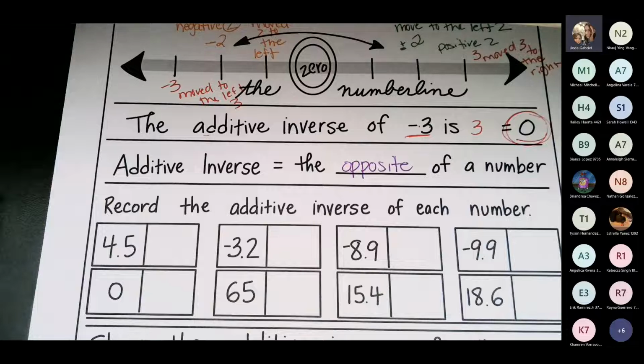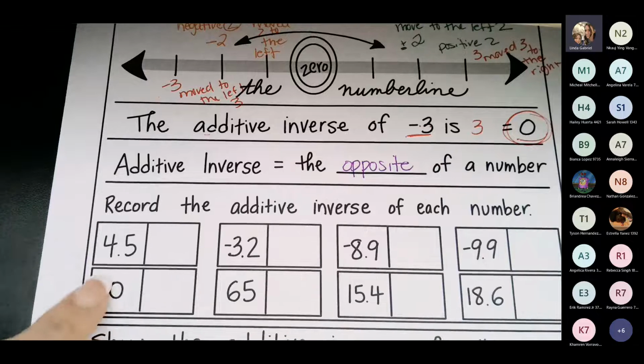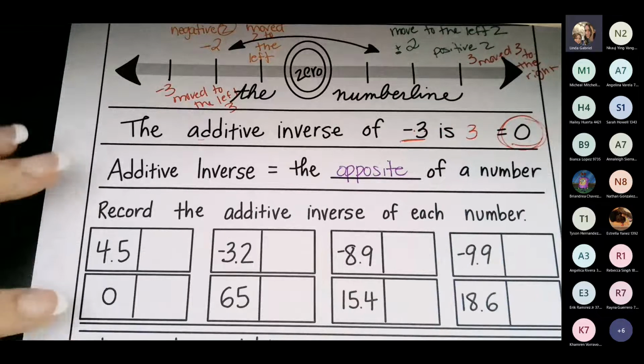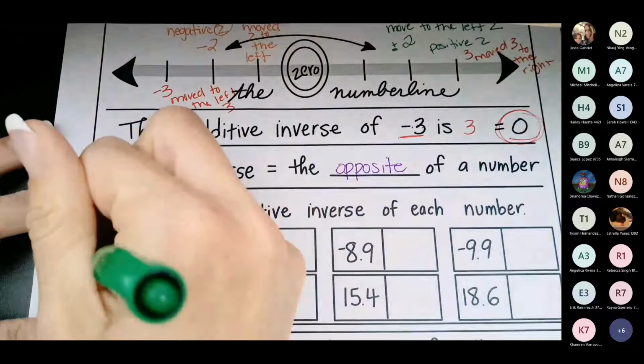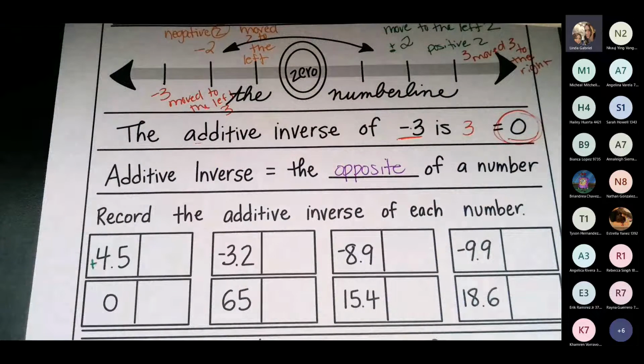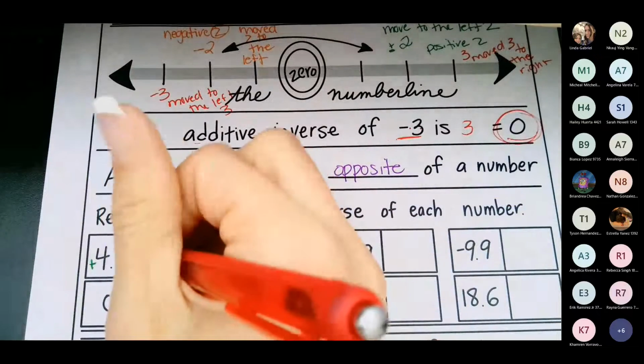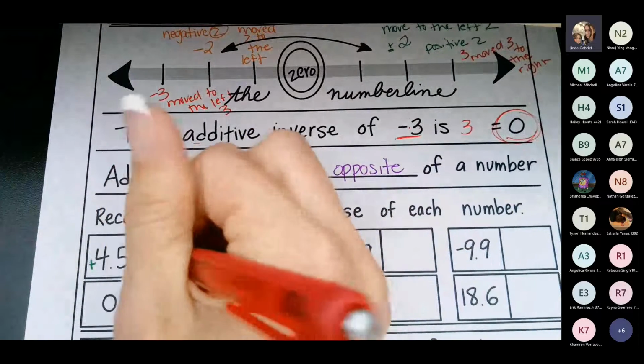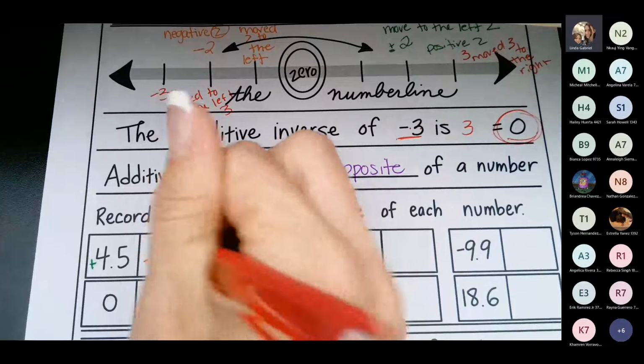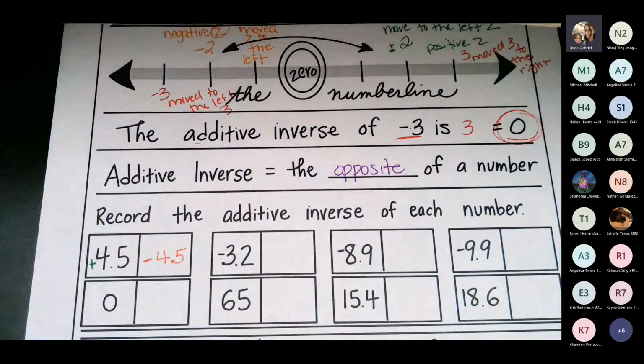And then in the chat, go ahead and tell me what the additive inverse will be. If I have positive 4.5, my additive inverse is going to be perfect, Ren. Yeah, -4.5. I'll give you another point for that.